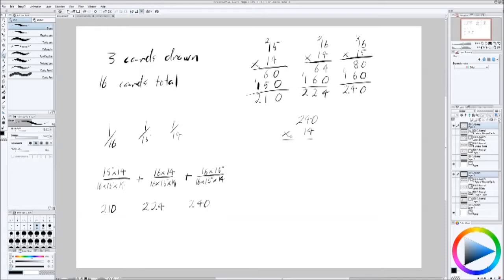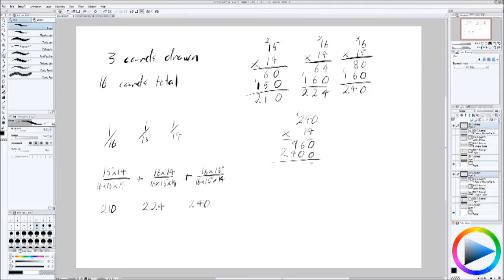So, if we do that, we've got 4 times 0 is 0, 4 times 4 is 16, so we carry the 1, 4 times 2 is 8, plus the 1 is 9. And we put the 0 down, and we've got 1 times 0 is 0, 1 times 4 is 4, and 1 times 2 is 2. Nice and easy.